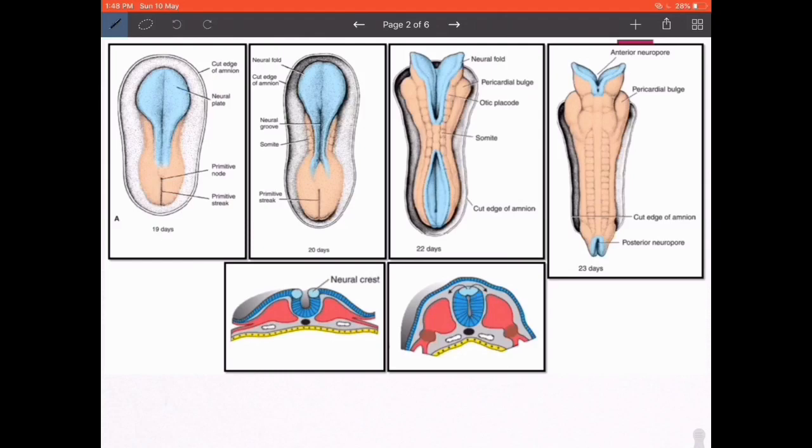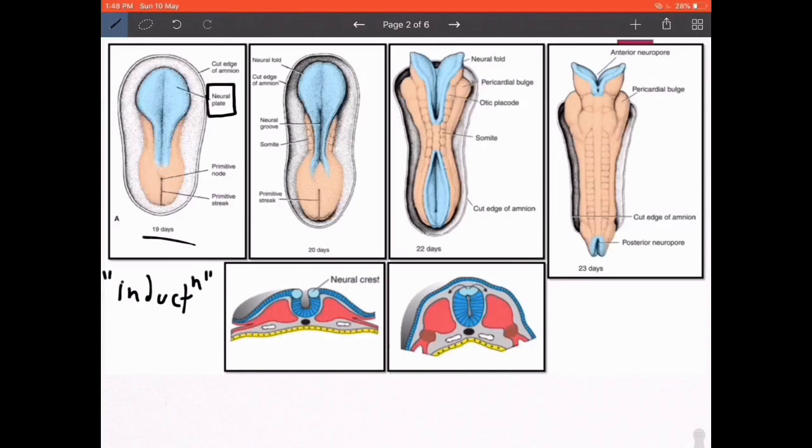Now, you've seen what happens at 19 days in the previous lecture. The ectoderm forms a typical structure known as the neural plate. I've also mentioned something known as induction. And induction is essentially something where one of the tissues communicates with the surrounding tissues by a phenomenon known as cellular crosstalk.